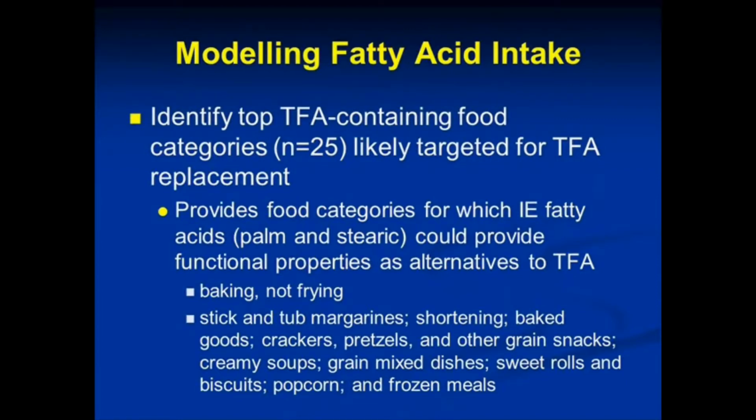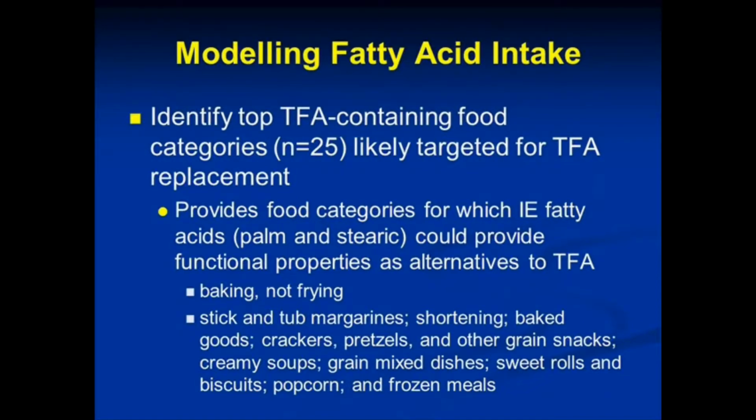Now, some of those are going to be with interesterified fats, and some of them are not. So this gives us the food categories for which we can make decisions about which ones are going to be interesterified fatty acids, which are probably going to be either palm or stearic, palmitic or stearic replacement.